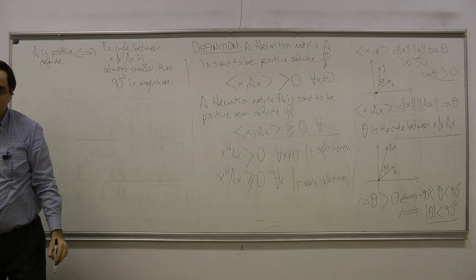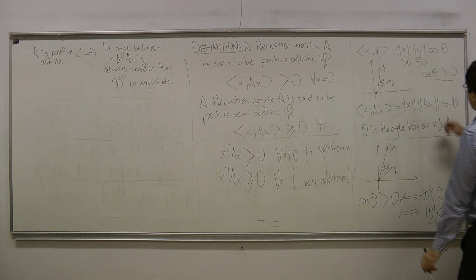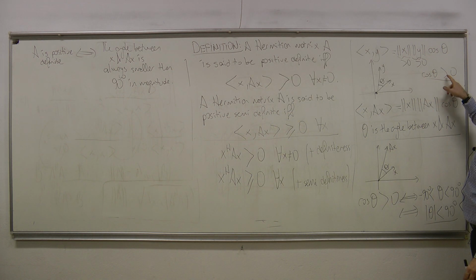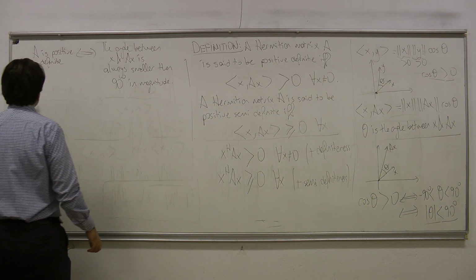Okay? What about positive semi-definiteness? Positive semi-definiteness gives us the possibility that cosine can be equal to 0. Okay? So in that case, this angle can be also 90 degrees for a positive semi-definite matrix. Okay?